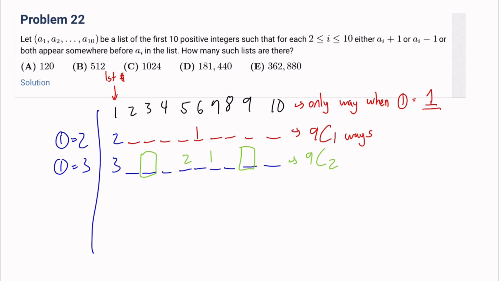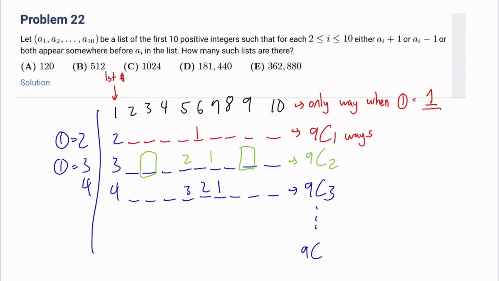Very similar thing for the first number being 4: there are also 9 slots left, and this time we will only have to do 9 choose 3, because this has to be in descending order, 3, 2, 1, and then the rest will be in increasing order, 5, 6, 7, 8, 9, 10, right?